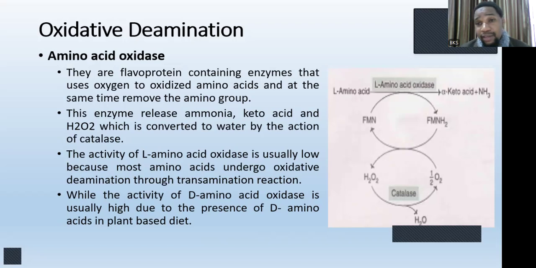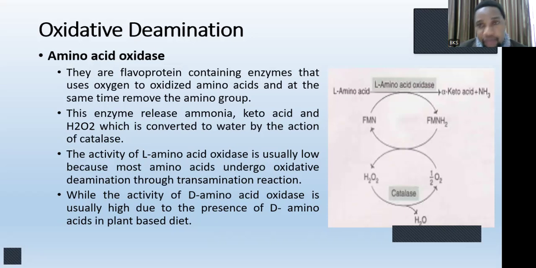First of all, glutamate dehydrogenase uses NADP, a reducing equivalent, to cause the oxidation, but this enzyme uses oxygen. First, the proton is removed from the amino acid and transferred to the flavin mononucleotide. From the flavin mononucleotide, it is then transferred to the final acceptor, which is oxygen, to produce hydrogen peroxide.